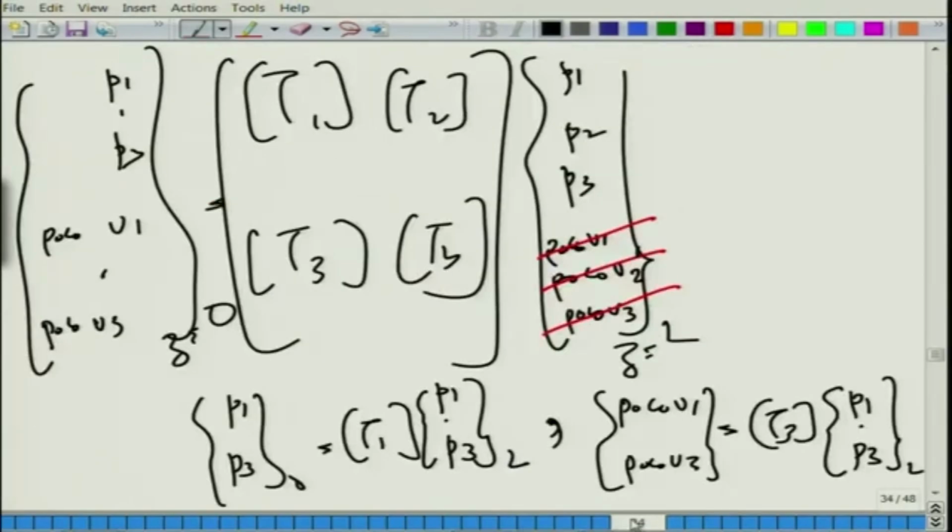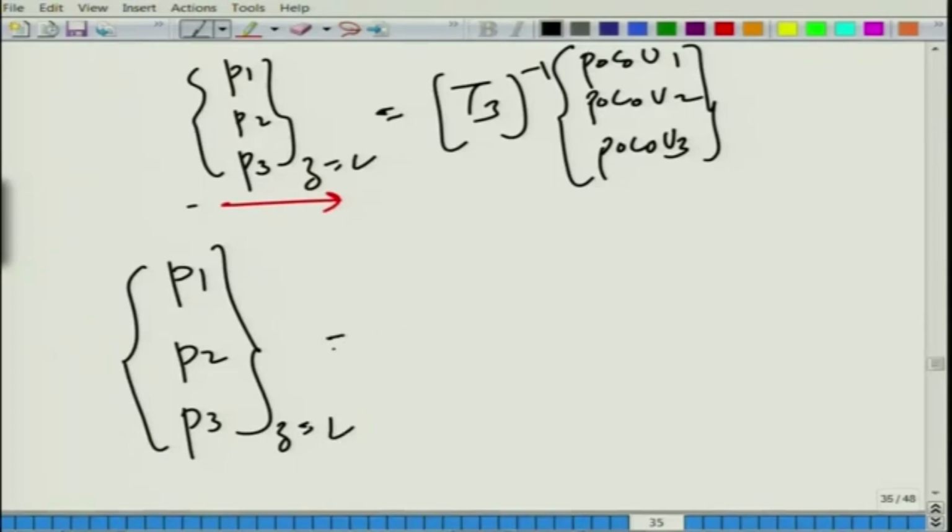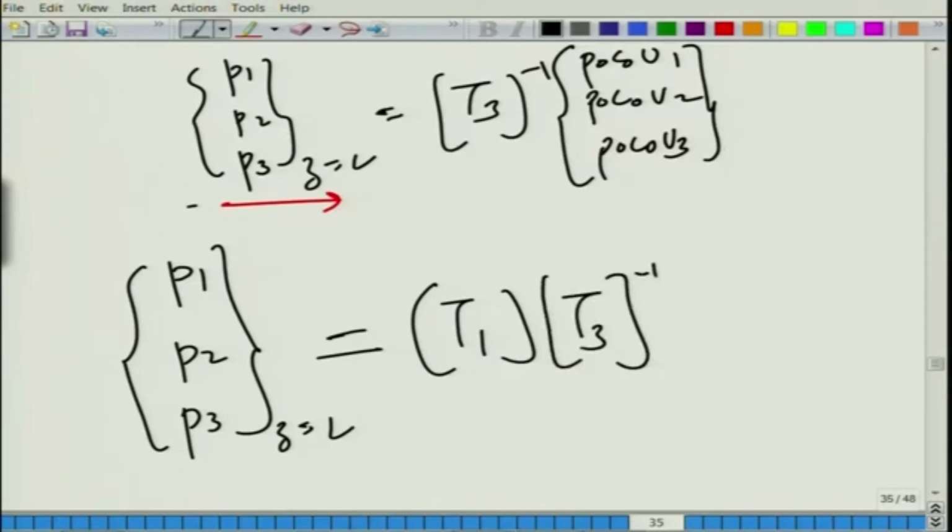Once we get that, we just need to put this here in terms of things here. So, P1 P2 P3 at z is equal to L is equal to T1 T3 inverse times rho naught c naught U1. This was at z is equal to 0, isn't it?